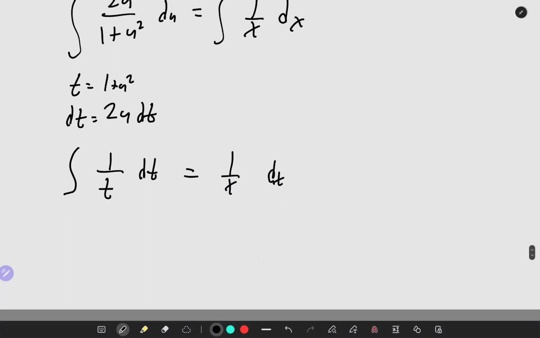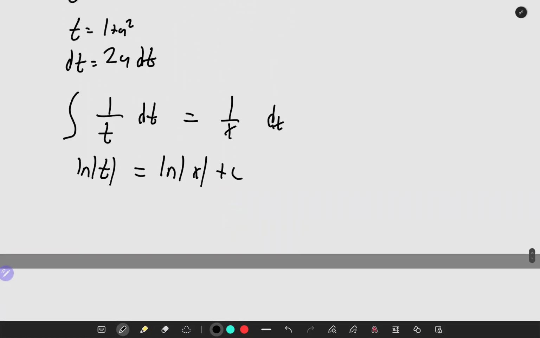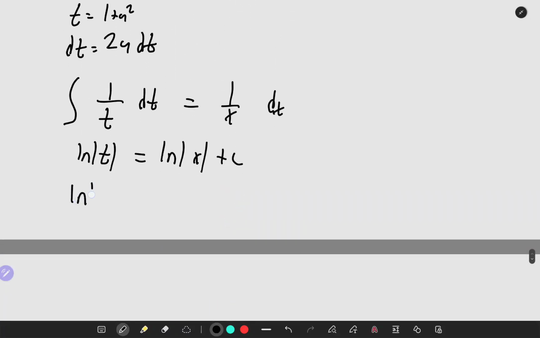If we integrate this, we're left with natural log of t is equal to natural log of x plus c. So then we plug back in for t, ln of 1 plus u squared is equal to natural log of x plus c.